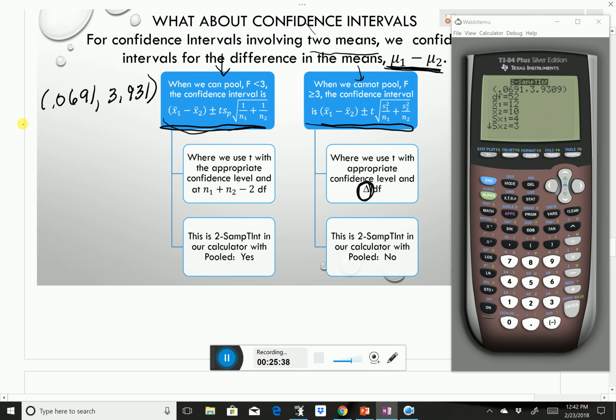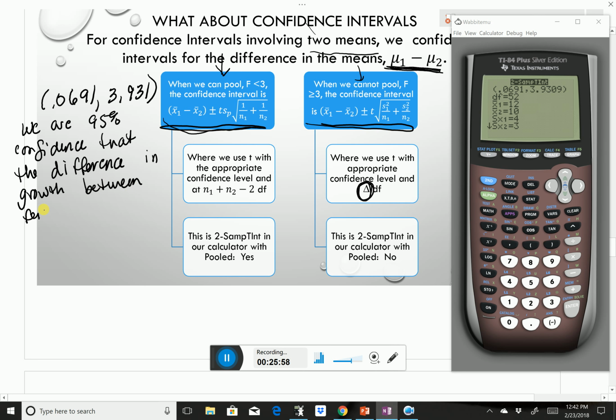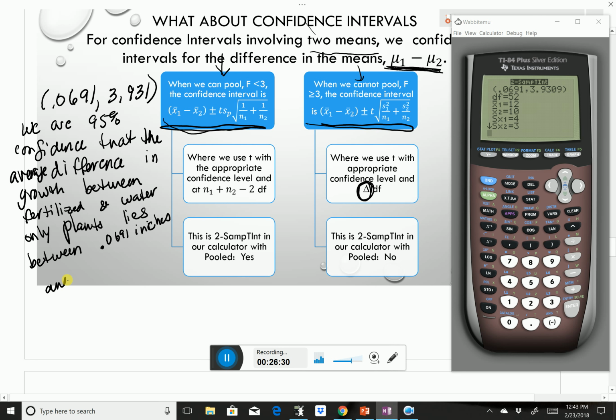And we're going to say we are 95% confident, and here's where you have to be careful, that the difference in growth between the fertilized, nope, I forgot the word, the average or mean difference in growth between the fertilized and water only plants lies between 0.0691 inches and 3.931 inches.